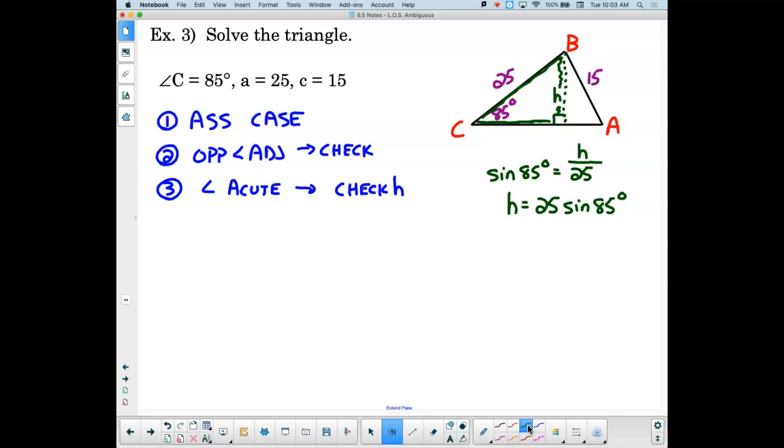Y'all got calculators? What do we got? H is 24.905.